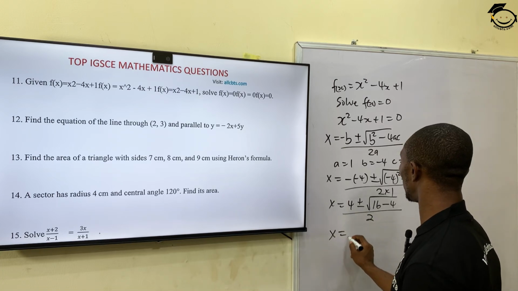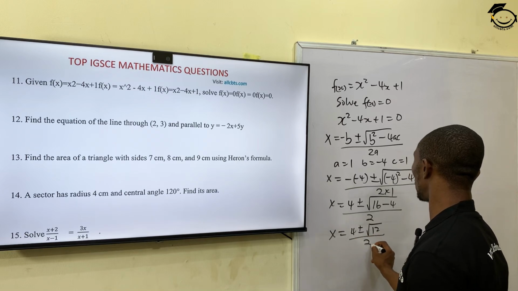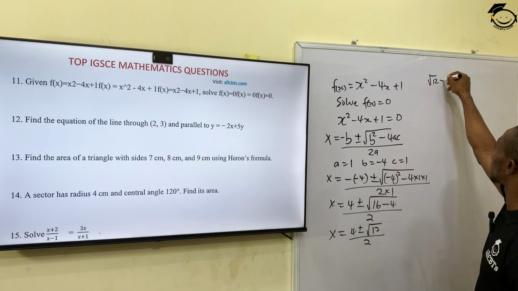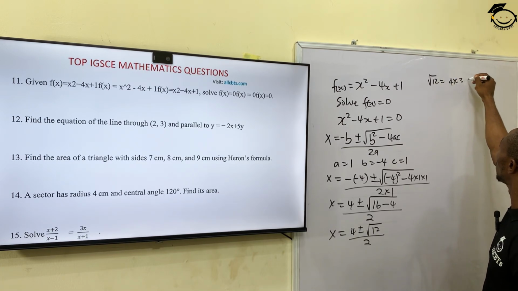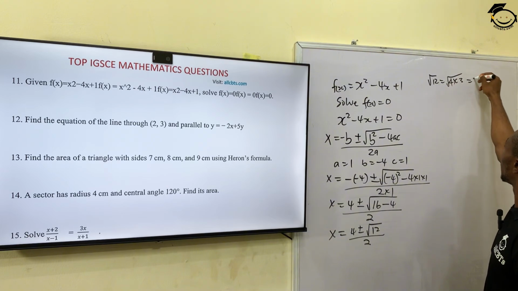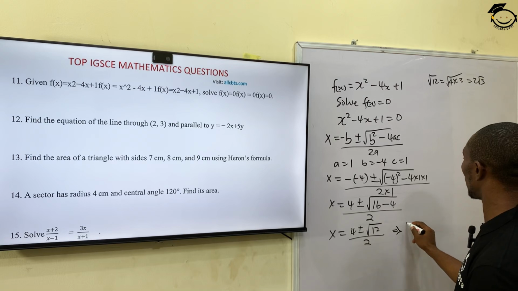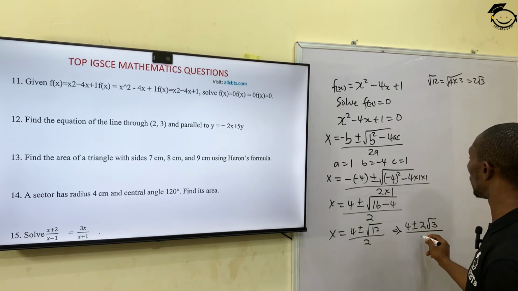So our x would be 4 plus or minus root 12 over 2. Breaking down root 12, that is root of 4 times 3. Root 4 gives us 2 root 3. So x equals 4 plus or minus 2 root 3 all over 2.